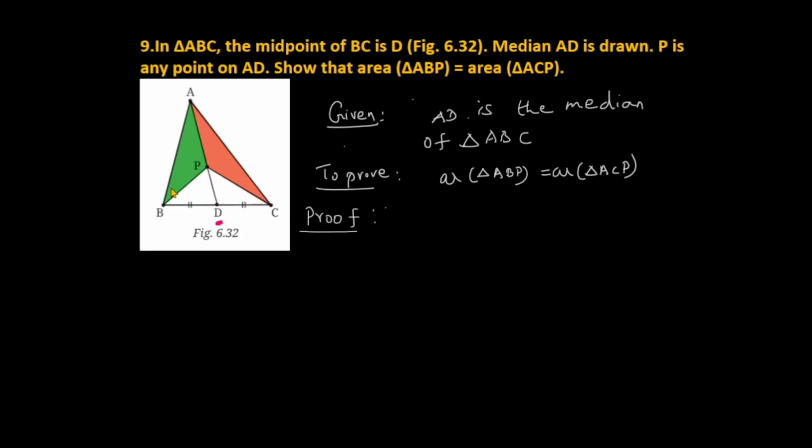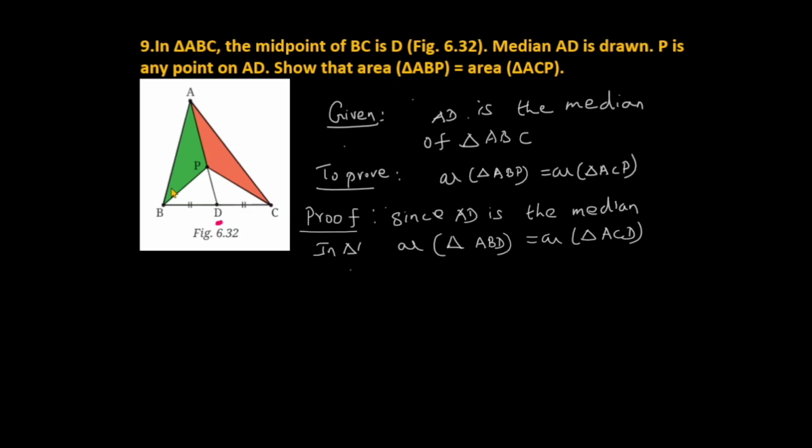So since AD is the median, area of triangle ABD is equal to area of triangle ACD, and this is in triangle ABC.